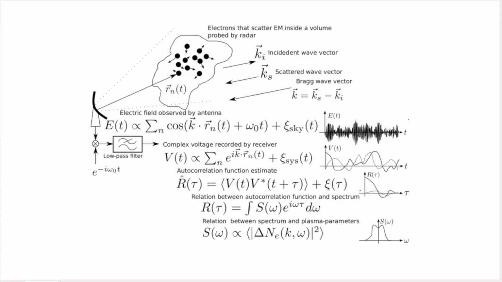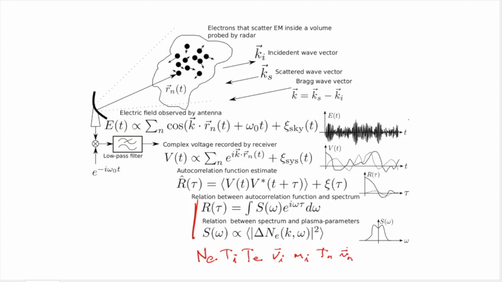The autocorrelation function is then used to derive ionospheric plasma parameters: electron density, ion temperature, electron temperature, and ion velocity are typical parameters. We can also measure ion mass under some conditions. Sometimes we can measure neutral temperature or even neutral wind.